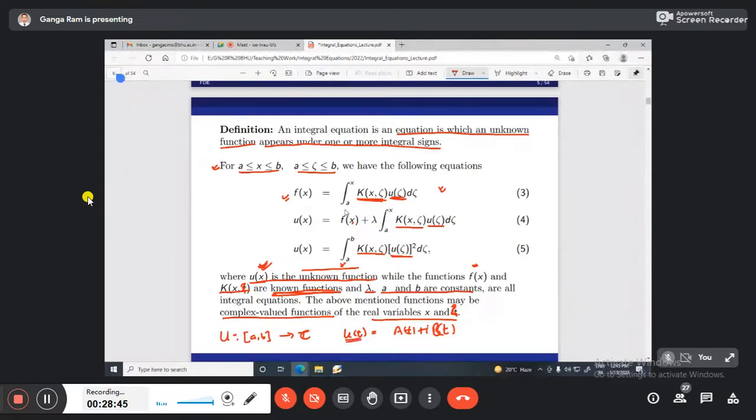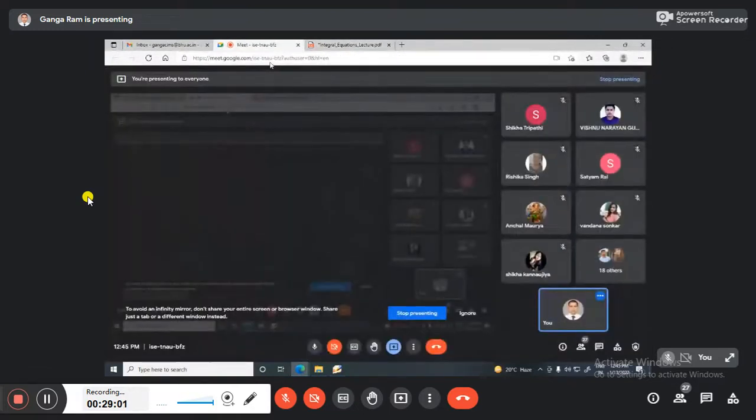Here u is a complex valued function, but t is a real variable. Do you agree? Any doubt? No, sir.